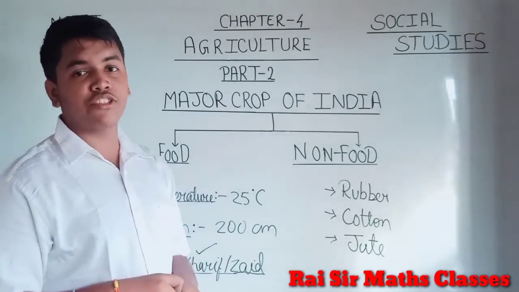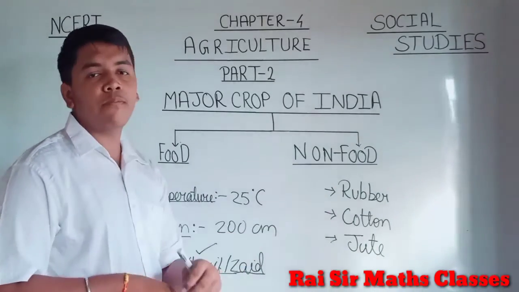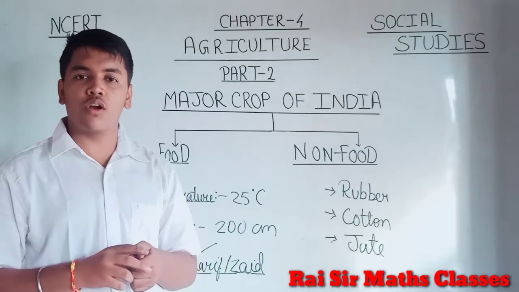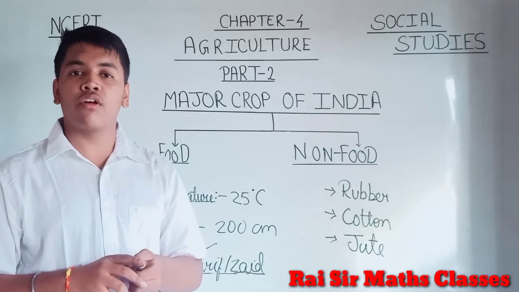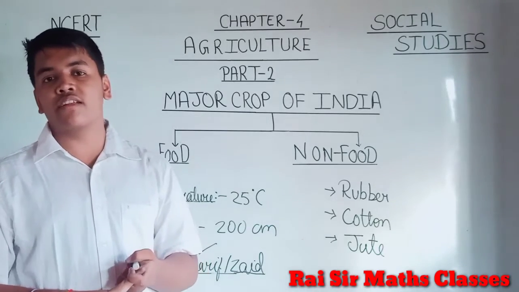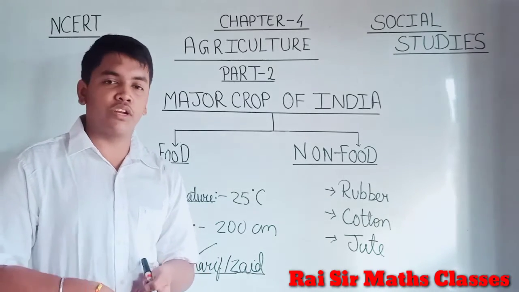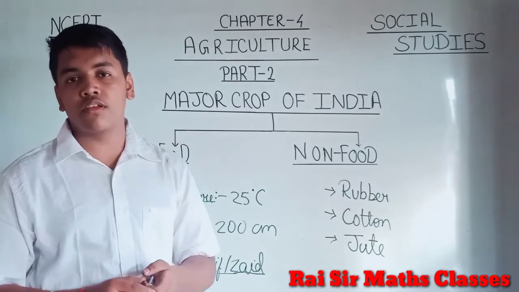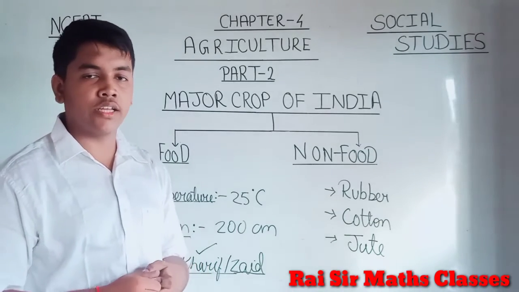A short recapitulation: rubber is an important crop grown in India and all over the world, basically for the study or education sector, for the transportation sector, and even in the electrician sector, where we are using electricity.